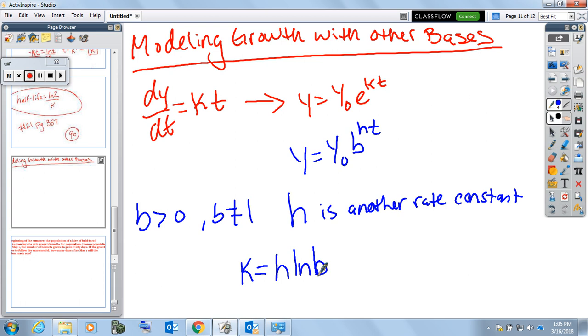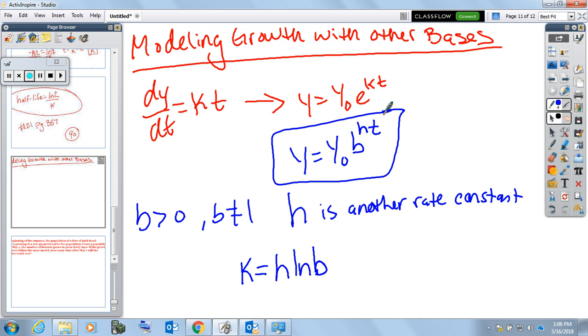This means that exponential growth can be modeled in any positive base not equaling 1, and it enables us to choose a convenient base to fit a given growth pattern. That's the big key: this new formula allows us to find growth models not strapped down to using e as our base for every single thing.